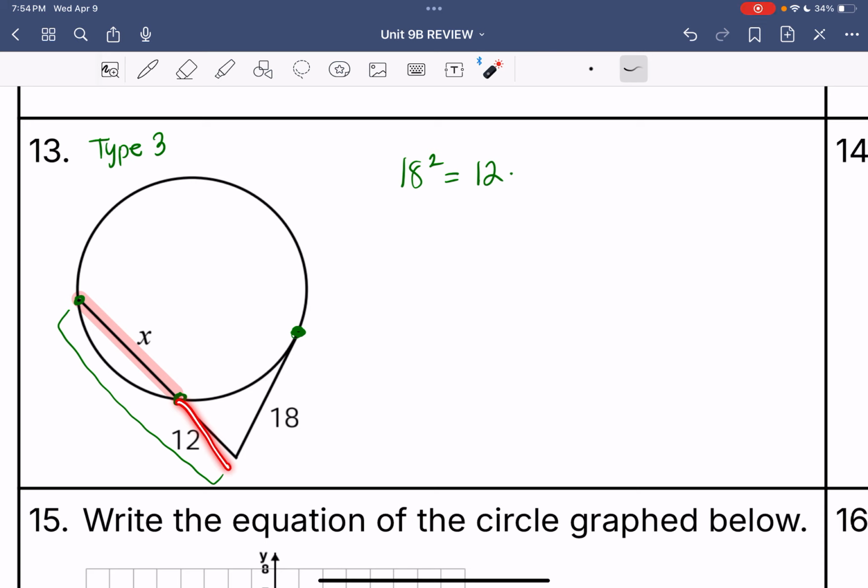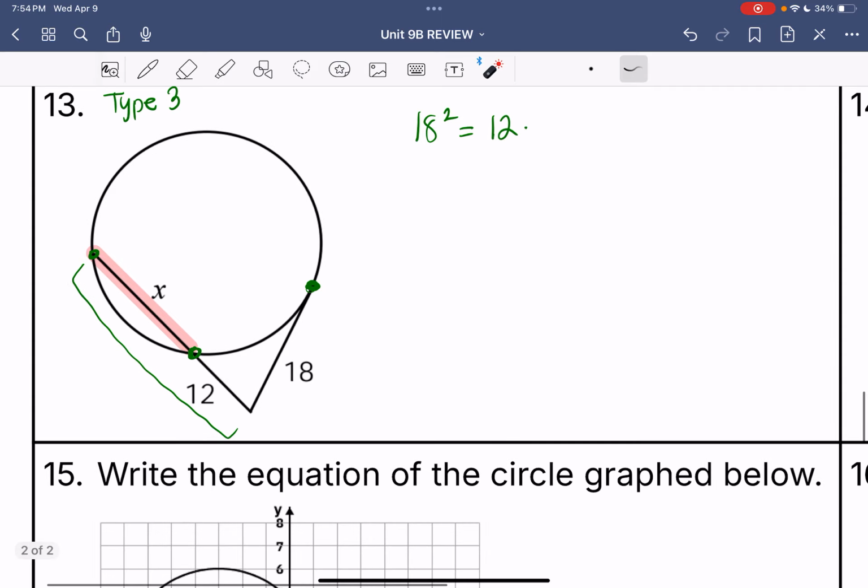I know this piece is 12, and this piece, even though I don't know what it is, is measured as an x. When we find lines like this, we just need to add up the pieces, right? So same thing here. It's just going to be x plus 12. So I need to multiply over here by x plus 12.